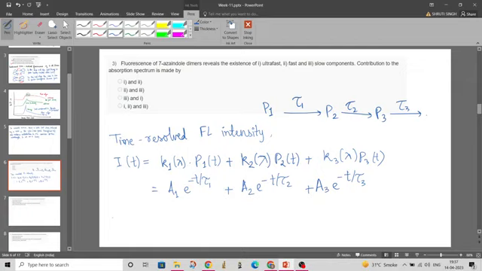And here the K1, K2, K3 are the fluorescence spectrum in the wavelength space. That is the normal fluorescence spectrum.